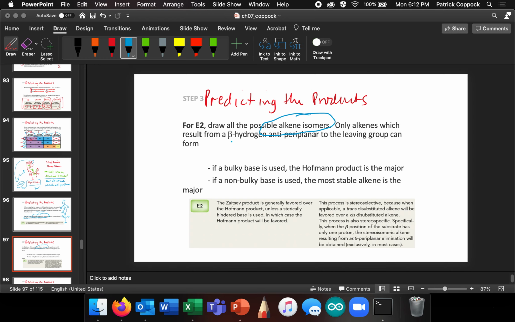The way to do that, of course, is you first find all beta hydrogens that can go into the anti-periplanar position. After you've done that, then you've identified all possible alkenes that result. If you use a bulky base, you're going to get the Hofmann product. If you use a non-bulky, strong base, then you're going to get the most stable alkene as the major product, which is the Zaitsev.